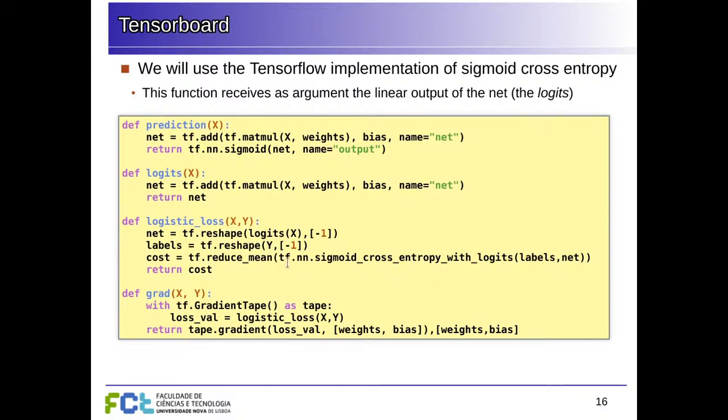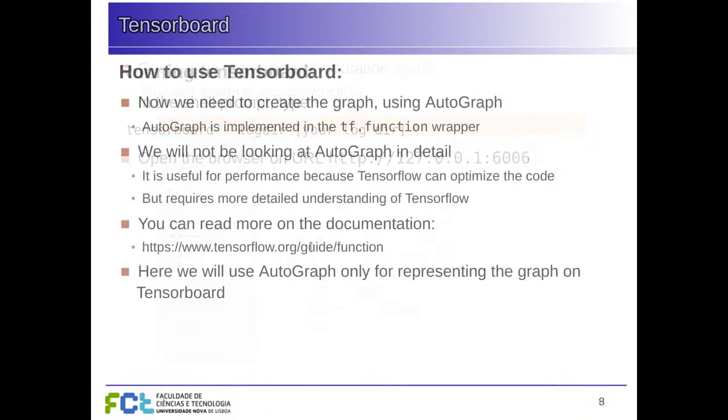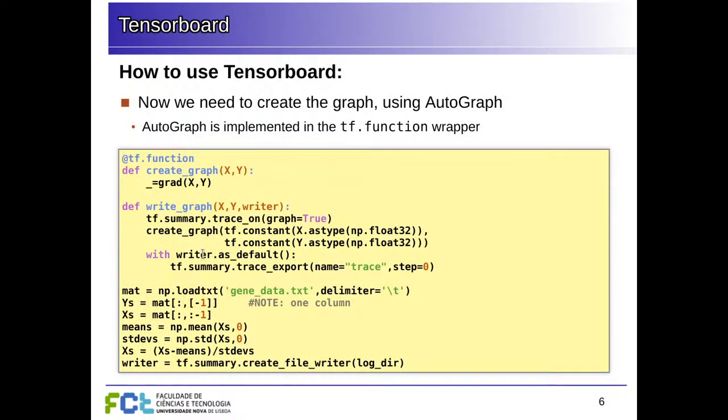So what this function does is that instead of using the sigmoid activation value, it uses the logit, which is the linear combination of inputs with the weights that is going to enter the sigmoid function. So what we want here is not the output of the prediction in this way.